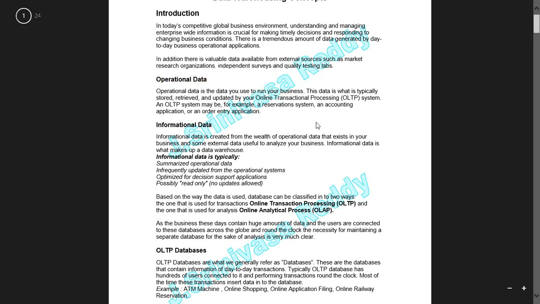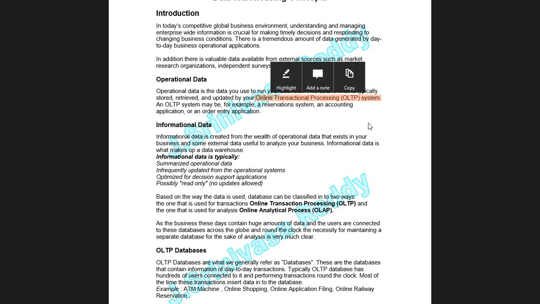Whenever you are performing business transactions using a business application, you will be storing the data, updating the data, and retrieving the data. That complete system is what is known as an online transactional processing system.